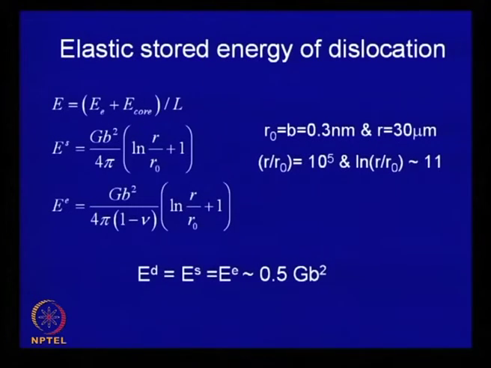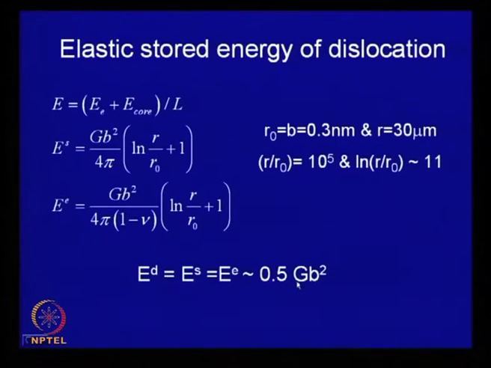And broadly, when we consider dislocation interactions, often we do not go through such rigorous calculation; we make approximations. Any dislocation will have a part screw character and a part edge character, each with a different level of energy. A good approximation is that, irrespective of the character of the dislocation, we can assume that the energy per unit length of the dislocation is equal to 0.5 G b square.